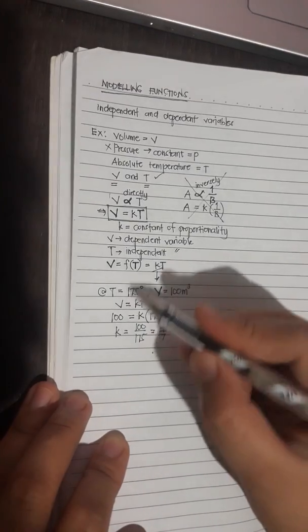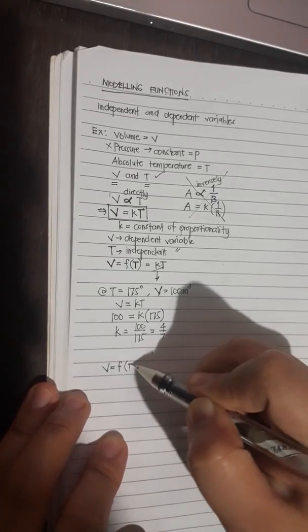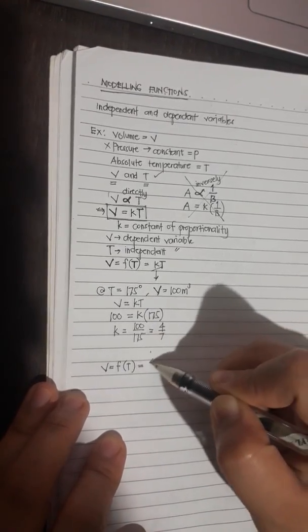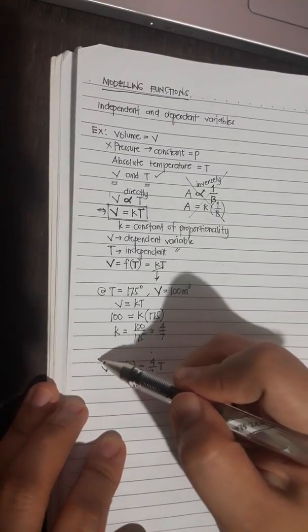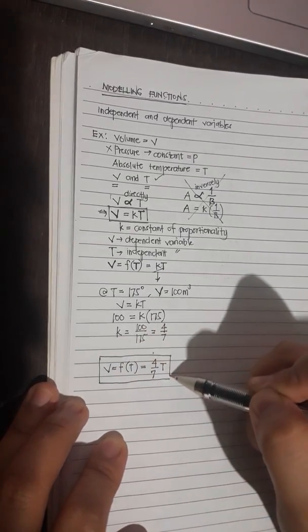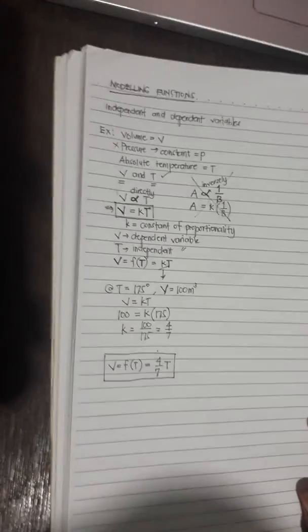So that when we go back to our function, you have V as a function f of T, that is equal to K, which is 4 over 7 times T. So this is now our modeled function, as stated in the problem.